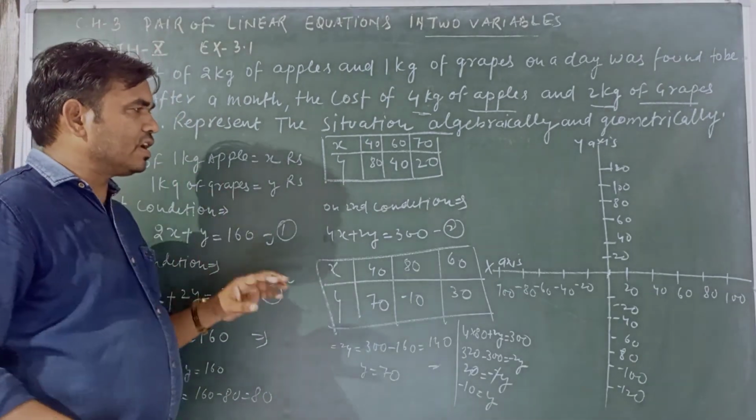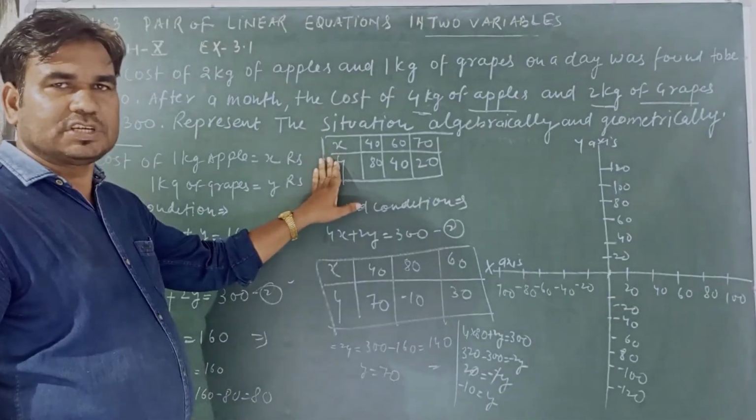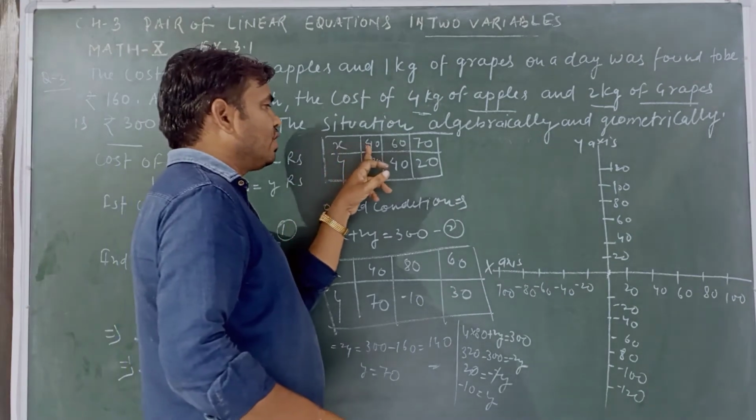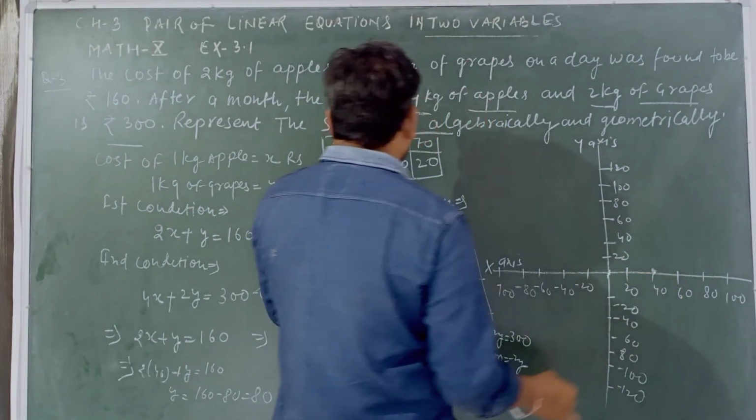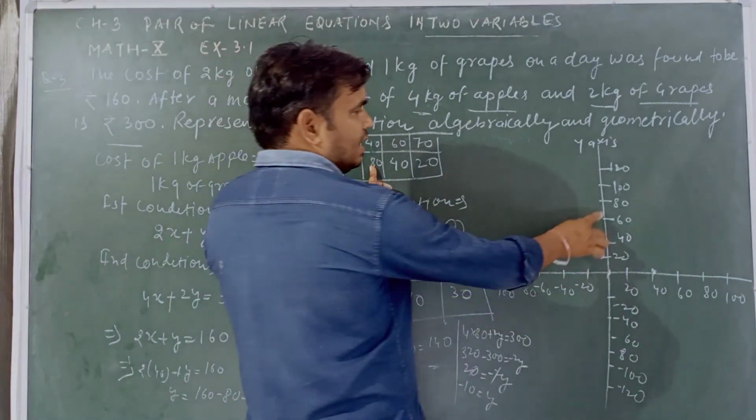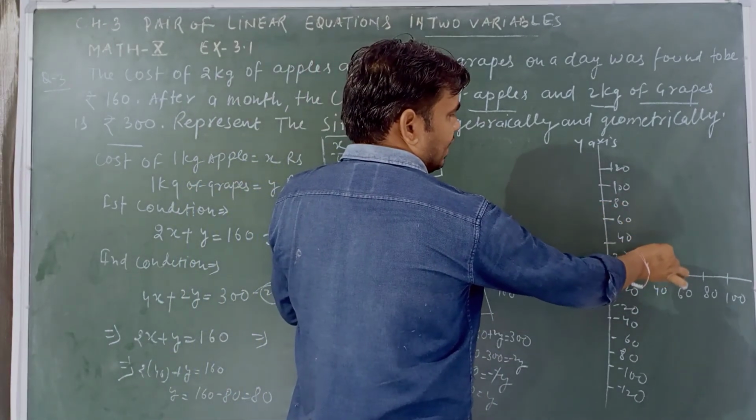Now we put the values of x and y for the first equation, that is x equal to 40 on the x-axis and y equal to 80 on the y-axis.